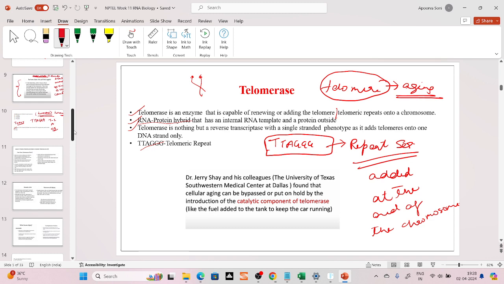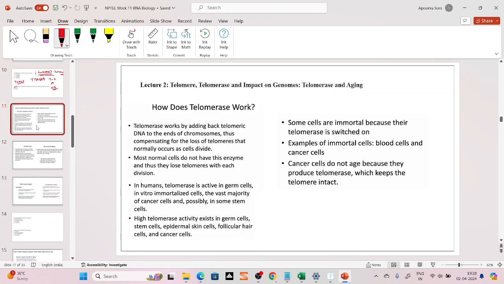Now we'll go quickly to lecture number 2, which is talking about telomerase in aging. Up till now, we have talked about how telomeres decide how many times a cell will divide, and how many times a cell will divide tells how much the cell has the property of self renewal. Self renewing means how many times the cell is able to divide itself and make a new copy.